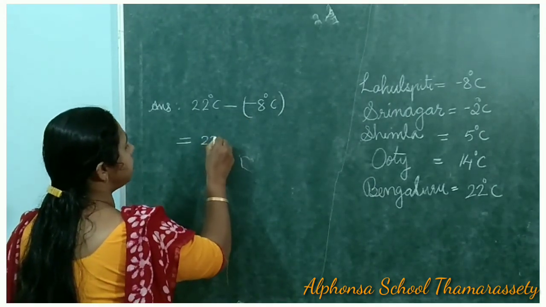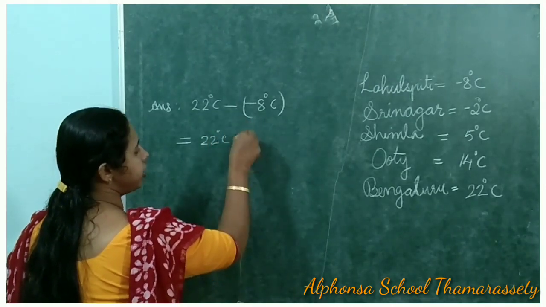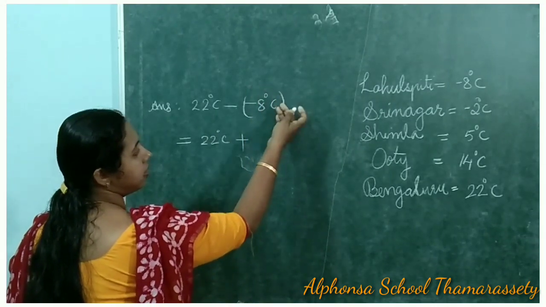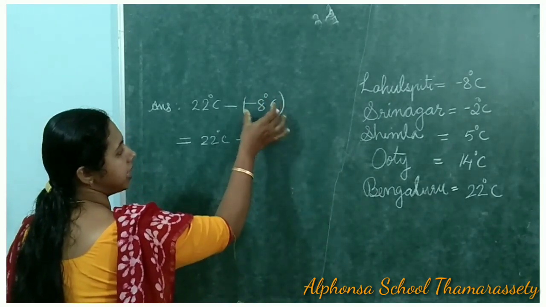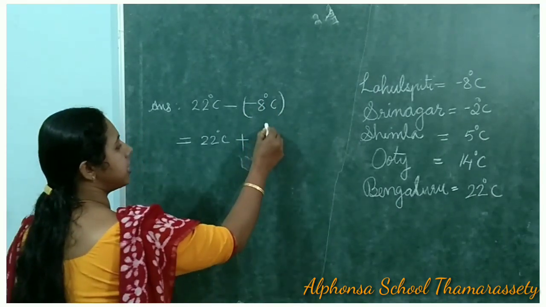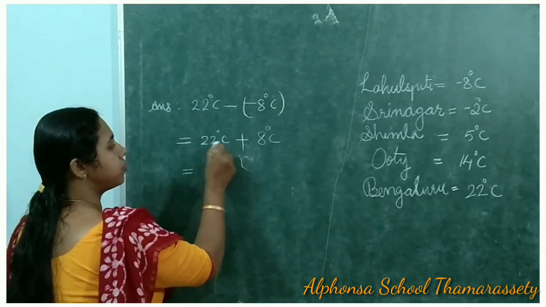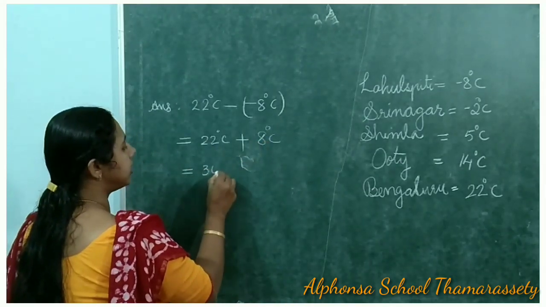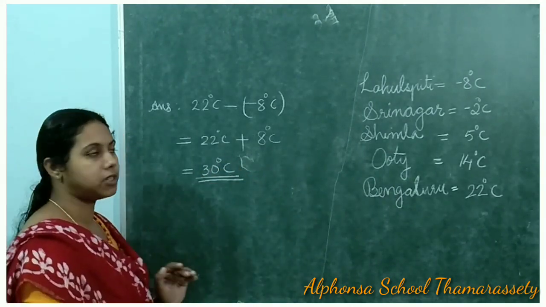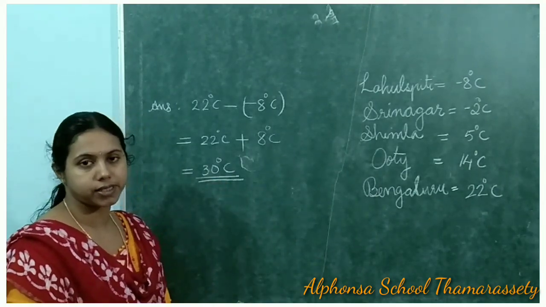Subtraction changes to addition, and the additive inverse of minus 8 is positive 8. So 22 degrees Celsius plus 8 degrees Celsius is 22 plus 8, that is 30 degrees Celsius. So the temperature difference between these two places is 30 degrees Celsius.